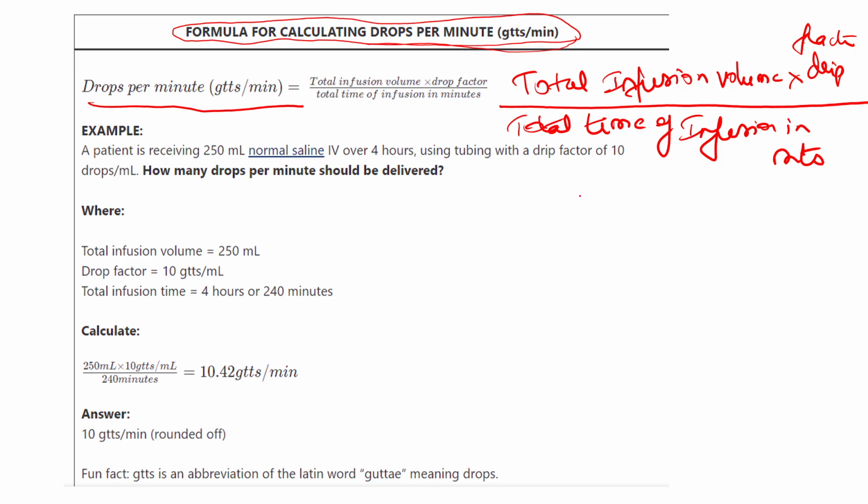Understood? Using this formula only we are going to solve. So look at the question here.